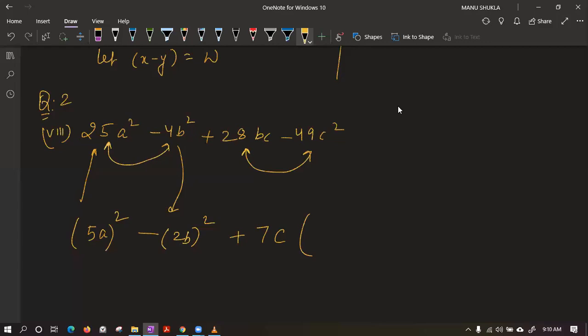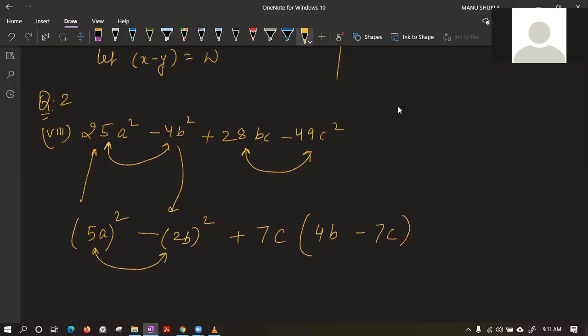If you take 7c common, what will be left inside? 4b minus 7c. Is it okay? Now see, what will we get here? We will get 5a minus 2b, 5a plus 2b plus 7c, 4b minus 7c.